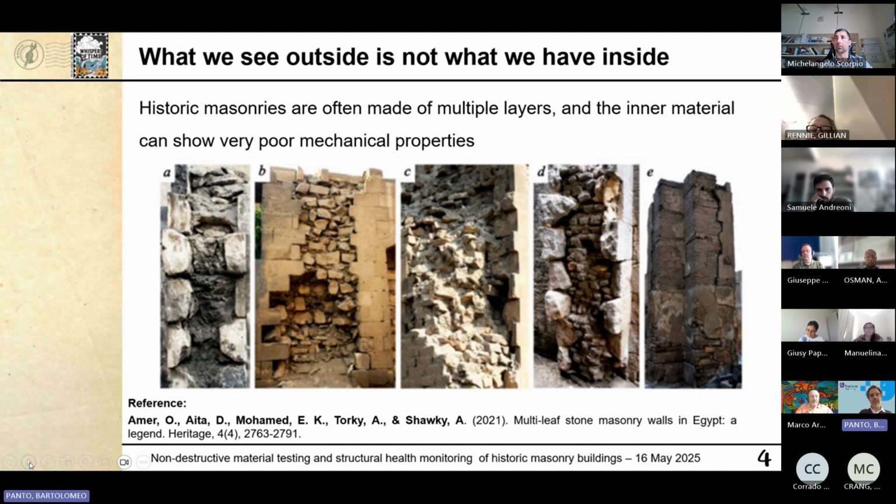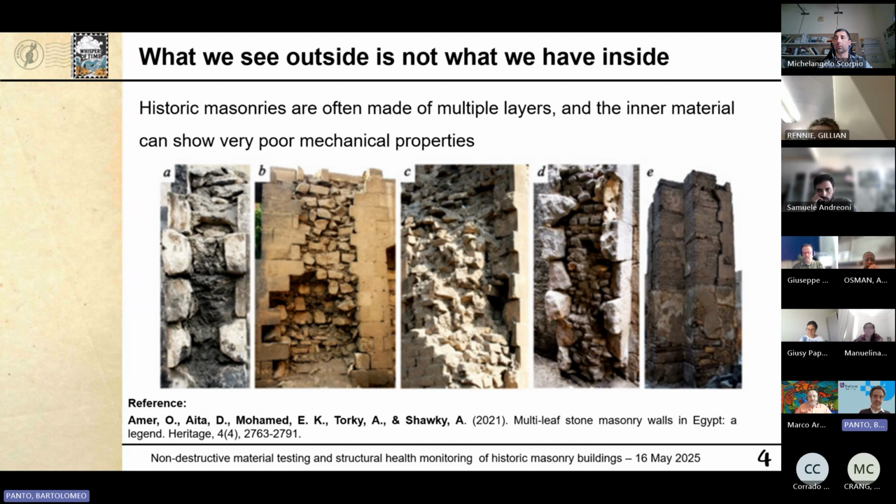Internally it is very easy to find very poor material, sometimes even soil inside the wall. This is another aspect which makes it very difficult from the engineering point of view to characterize mechanically what we have and to assess the structural behavior.